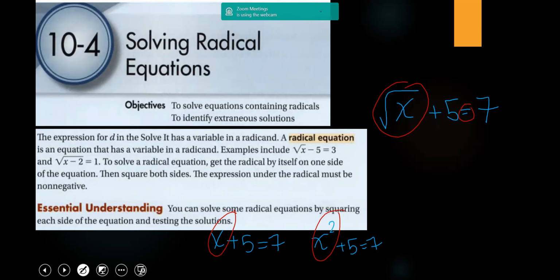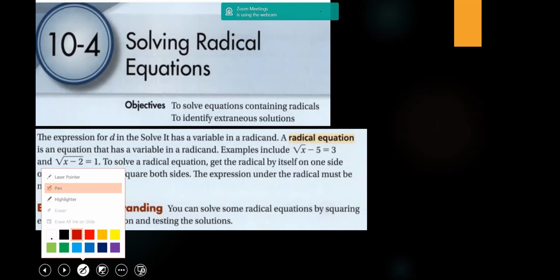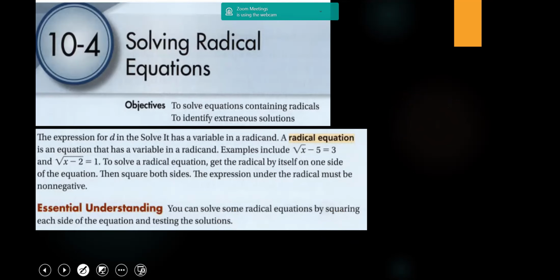How can we solve it now? The first step, if you have, for example, square root of x plus 5 equals 8, first you have to write the radical, the square root of the variable, by itself, and the other numbers on the other side.